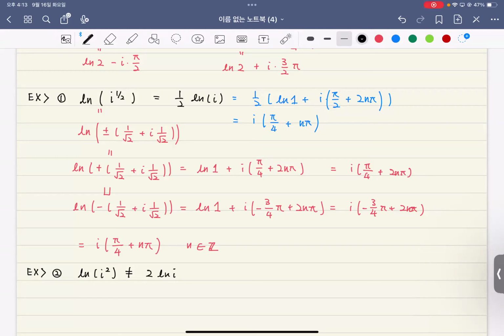So natural log of -1 is what? The argument is minus pi, right? So for the left-hand side, this is just simply i times minus pi plus 2 n pi.